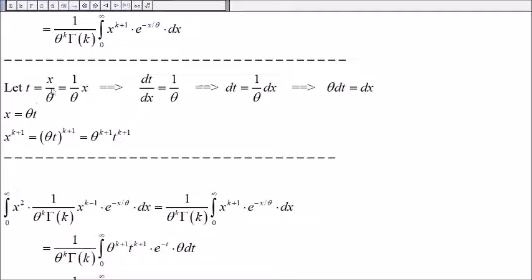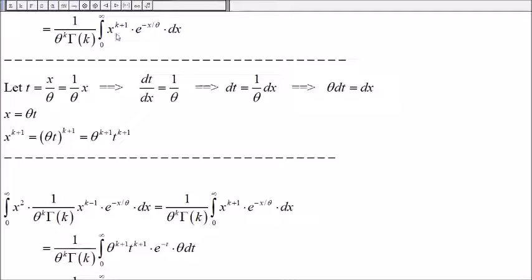Now let t be x over theta. Then dt/dx will be 1 over theta, so dt is 1 over theta times dx, and multiplying both sides by theta, we have theta dt is equal to dx. T is equal to 1 over theta times x, and so x is equal to theta times t.